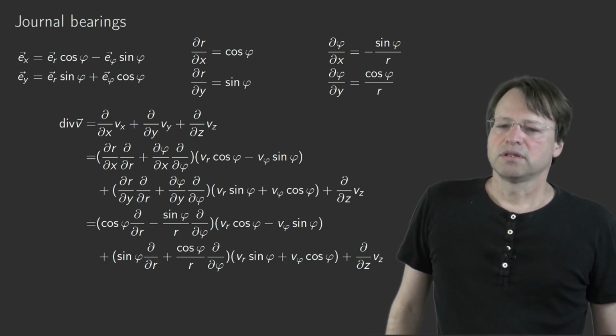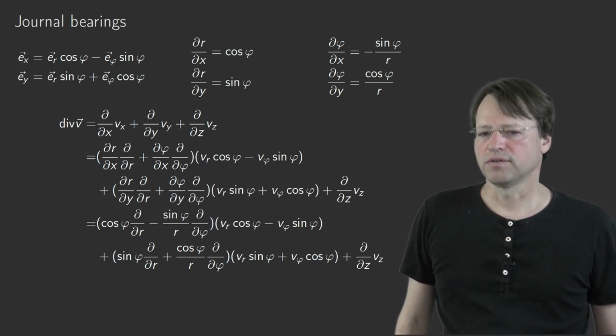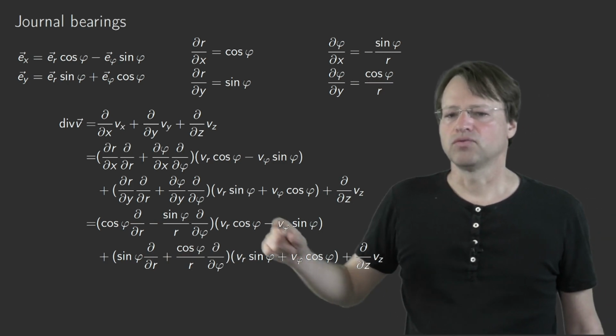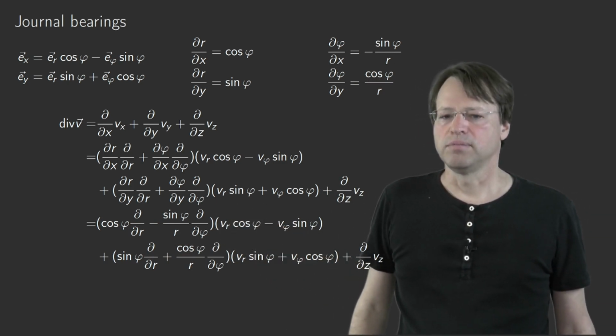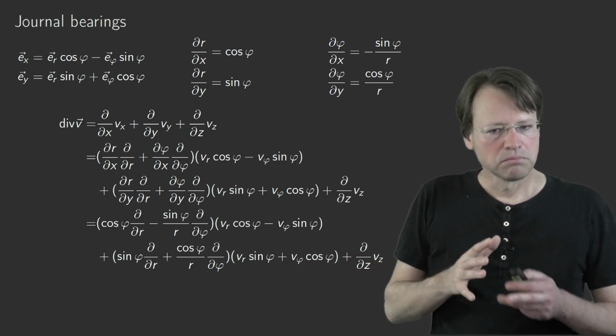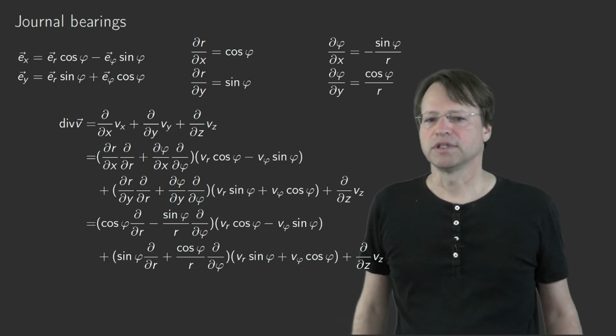Well, now you see that there are some terms including derivatives with respect to r, with respect to phi. There will be also some other parts. So now we have to sum up everything and collect our result.